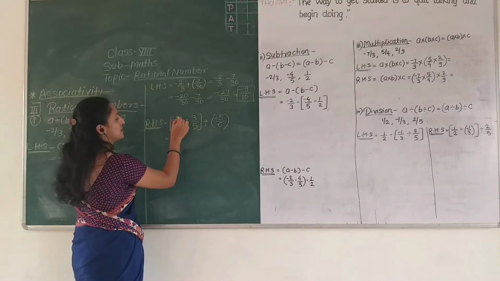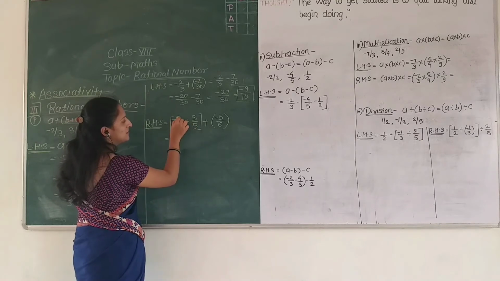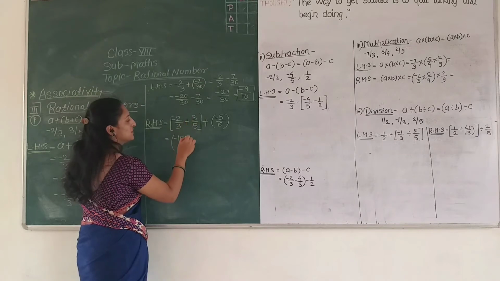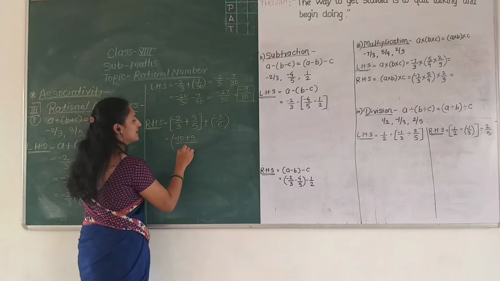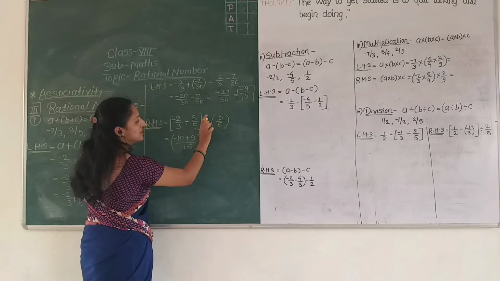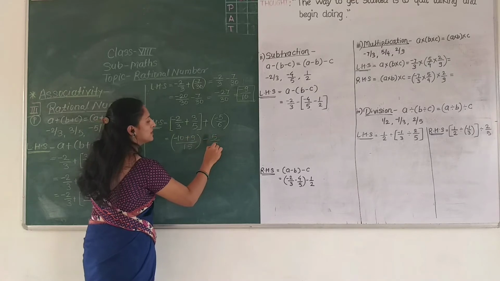Very nice. So after cross multiplication we get negative 2 into 5 is negative 10, plus 3 into 3 is 9, divided by 15. Plus into minus here. Plus into minus is minus 5 upon 6.